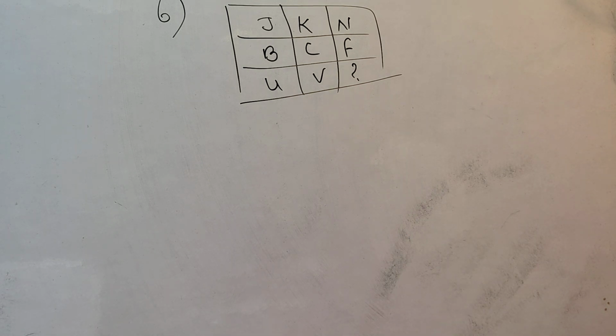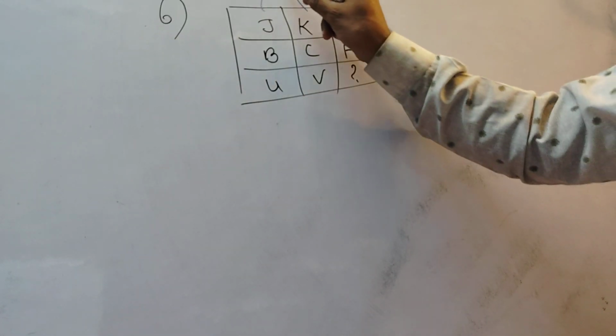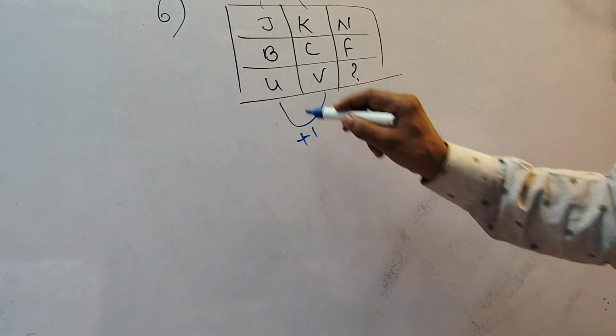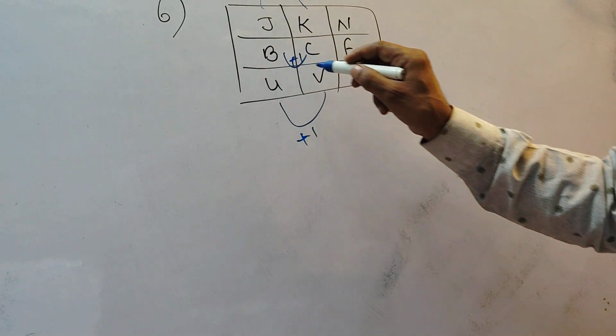In question number 6, J to K there is plus 1, U to V there is plus 1, B to C there is plus 1.